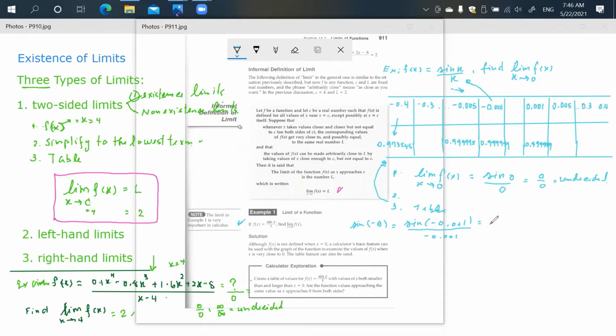I mean, if you this one become minus psi 0.001 over negative 0.001. So this side, just say this approximate 0.01 is like a psi 0. Okay, so psi 0 is what? And this negative become plus.